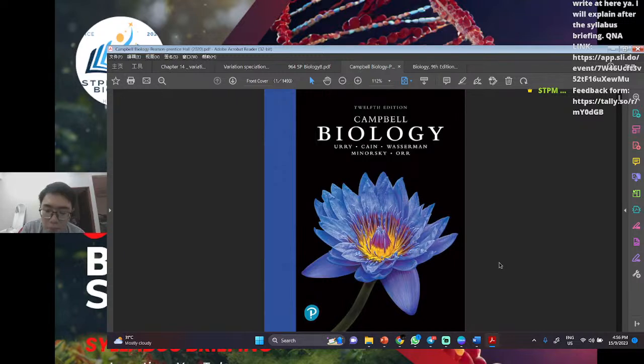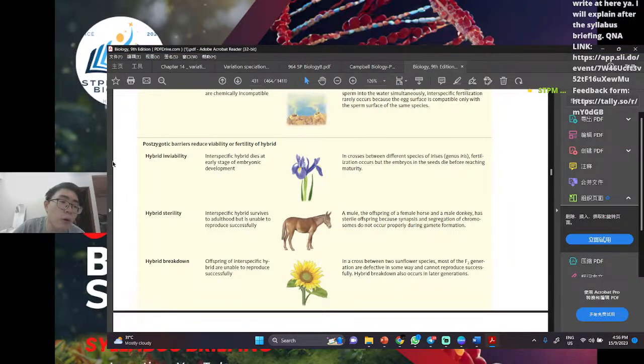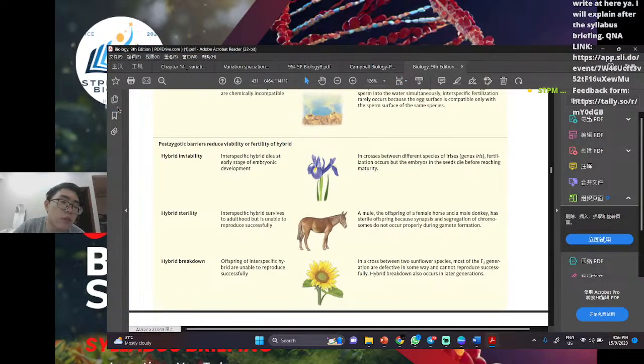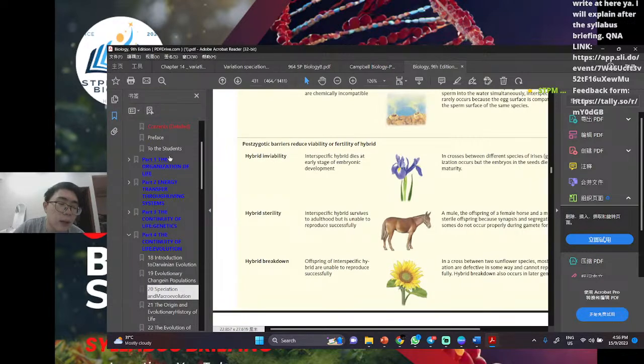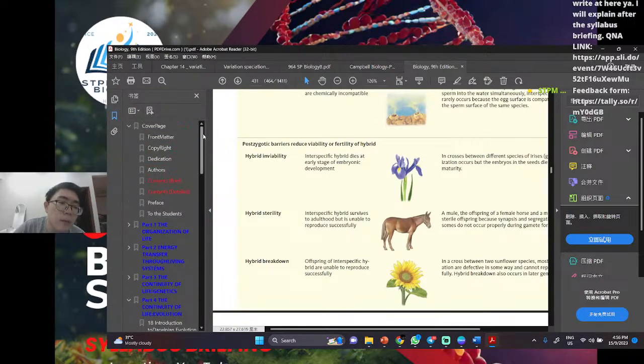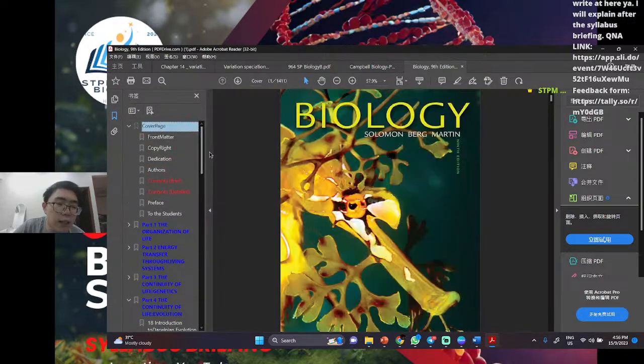But I can say that some of the topics this book does not have. Okay, this is the first book, and another book is Solomon. This other book is also recommended by MPM, but Campbell actually is already enough lah.